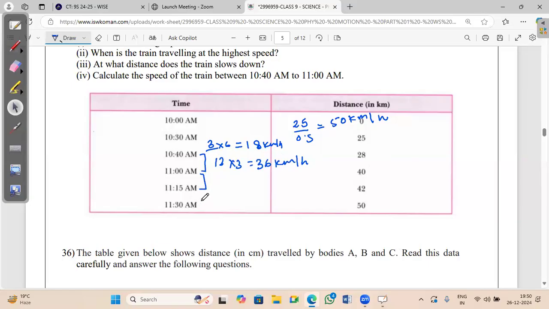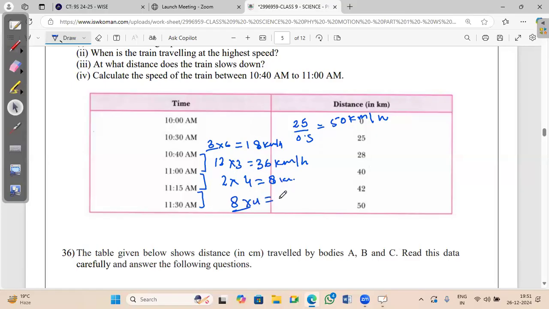For this one also, the time is 15 minutes, but the distance traveled is 2. So this is also smaller. 2 divided by 15 over 60, that's 1 over 4, and you multiply it by 4, so it's 8 kilometers per hour. For the last one, you get 50 minus 42, which is 8. 8 divided by 15 minutes, 15 minutes is 1 over 4.